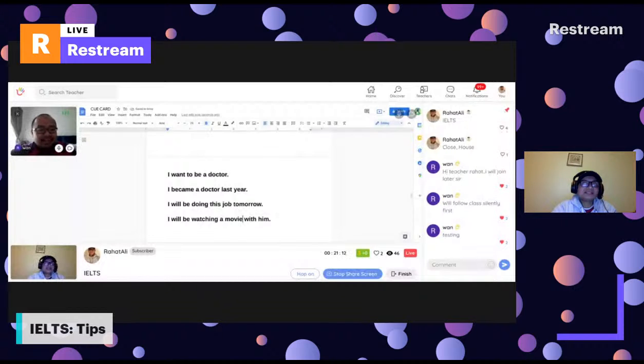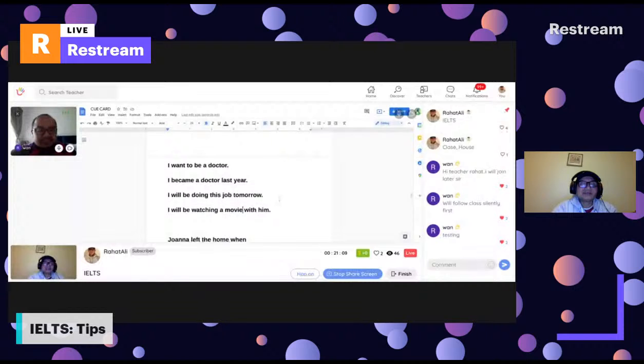Okay, but remember that when the verb has ing, that means that something is going to be happening. You plan to do a job tomorrow, but you don't know whether you'll start it or not. But when somebody says, I'll be doing this job tomorrow, they'll be doing it as a progression, as a continuous form. Like if you say what do you like to do tomorrow?